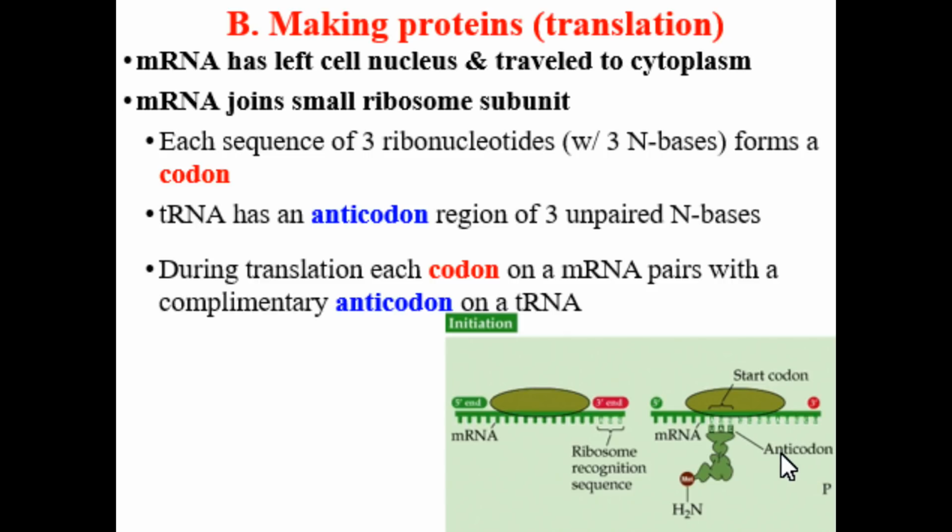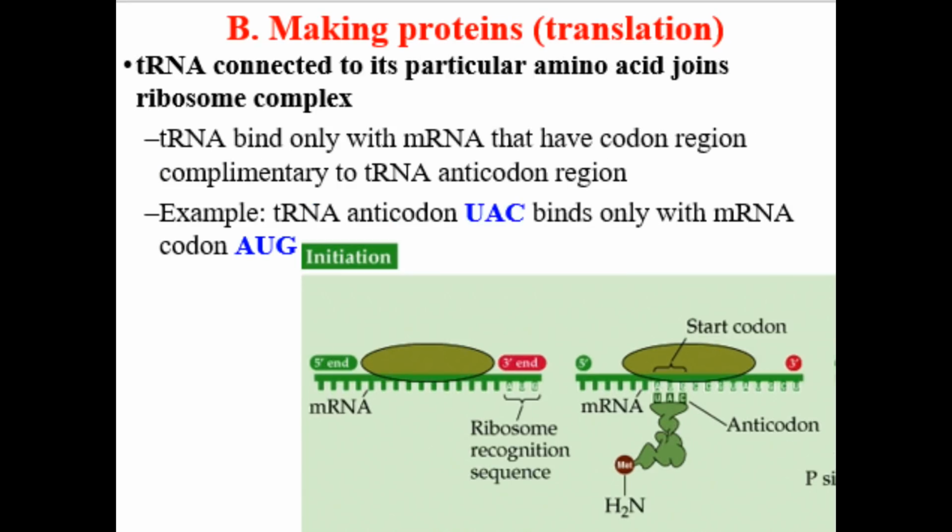That's how you get from a very specific order of bases in the messenger RNA, and remember that was determined by the order of bases in DNA, to a particular amino acid. And it takes 3 bases to get 1 amino acid. We'll see why that is in a minute.